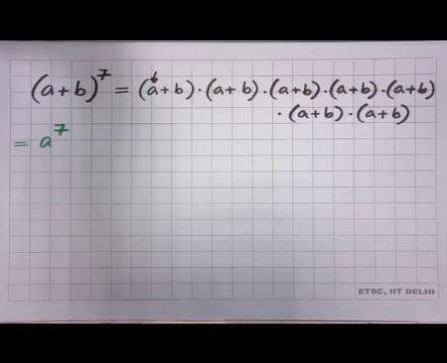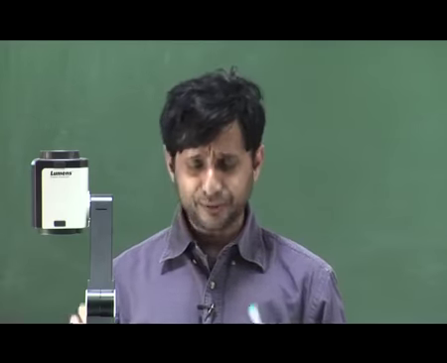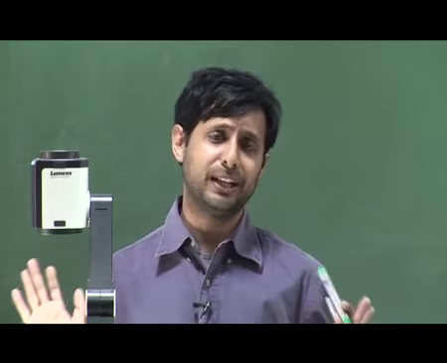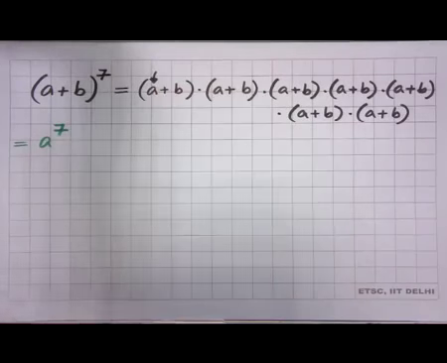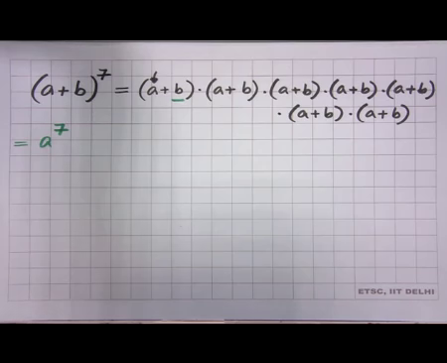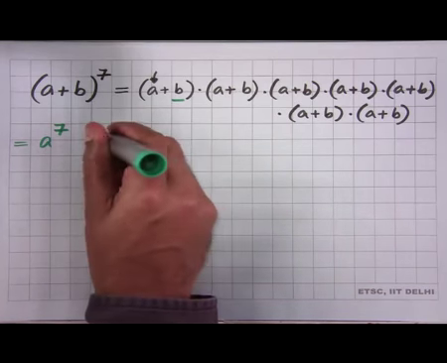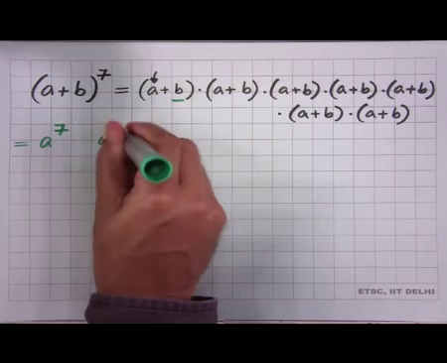Next, just for the first term and only for the first term, we are going to keep the b. We are going to use b only for the first term, and then all the others let us use a. So, what will that give me? That will give me a power 6 times b.